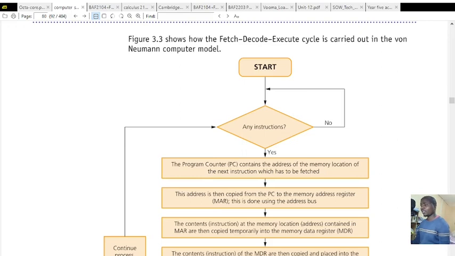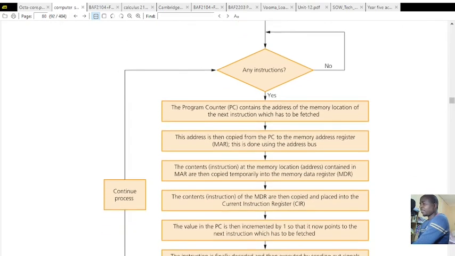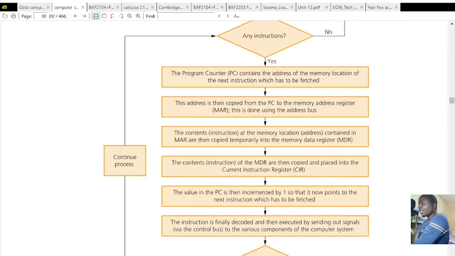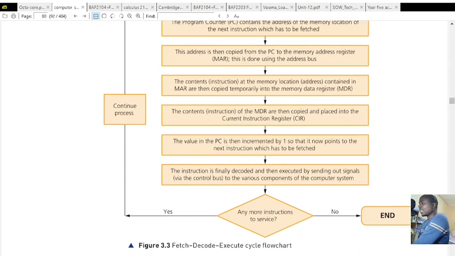So the instruction is finally decoded and executed by the central processing unit, specifically the control unit, and that is how the execution is done.